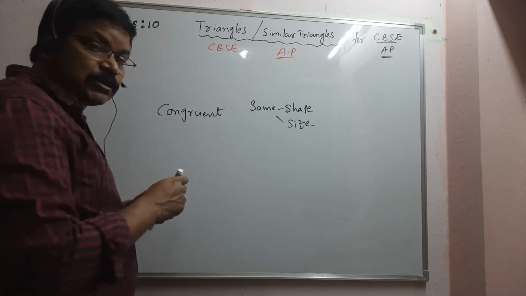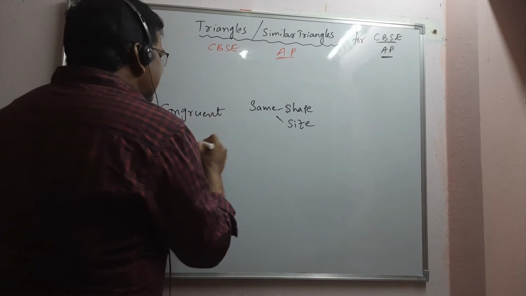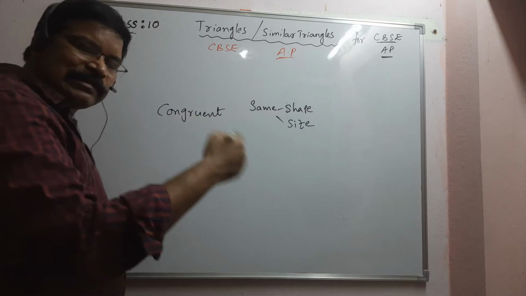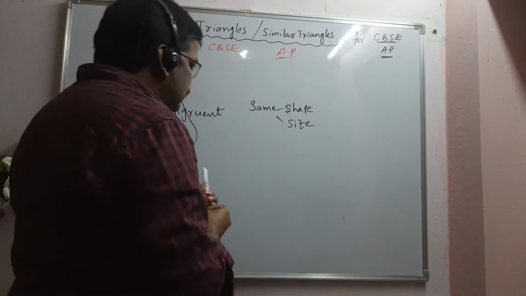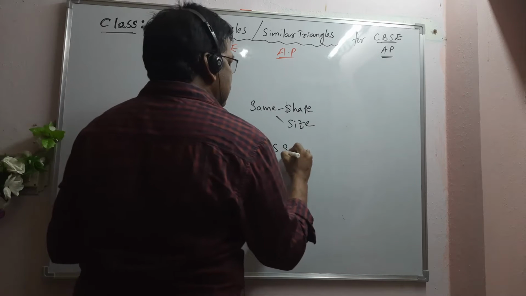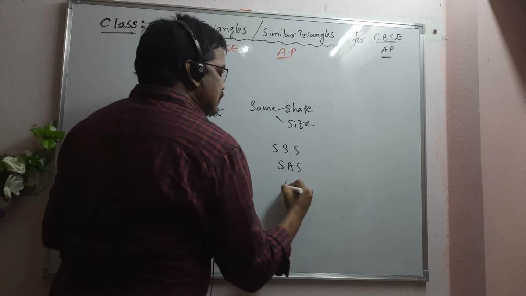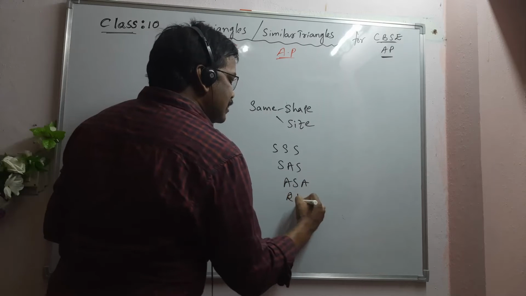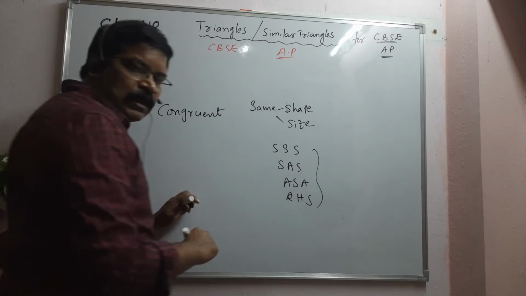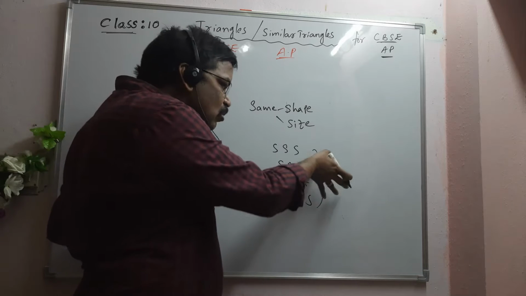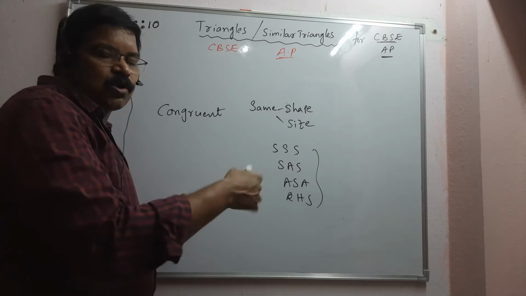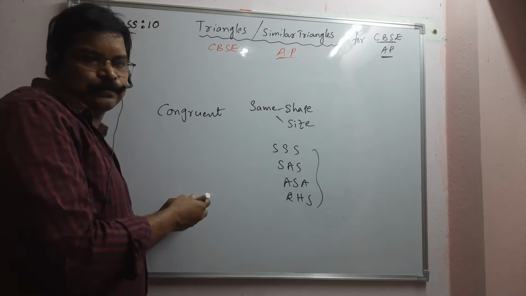See, from class 7 onwards, we have been learning about congruency. In the congruency of triangles, there are some axioms or criteria. They are SSS, SAS, ASA, and RHS. I think you are very familiar with all these rules and properties of congruency.